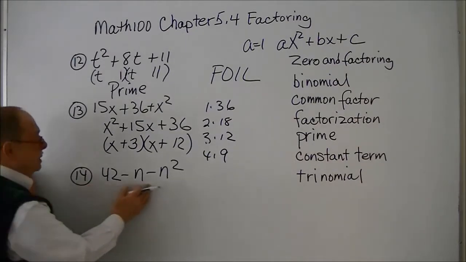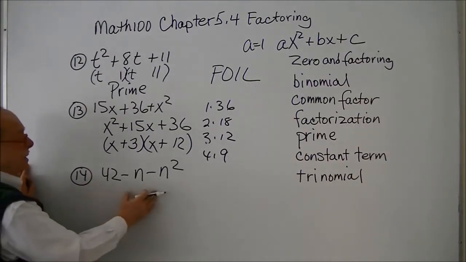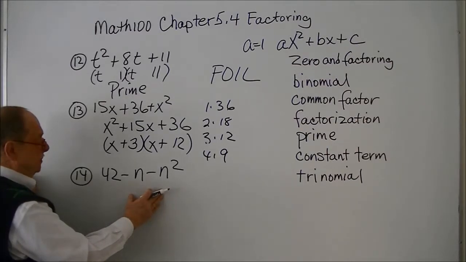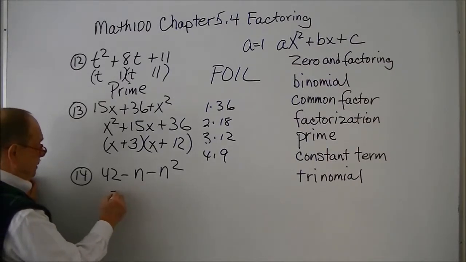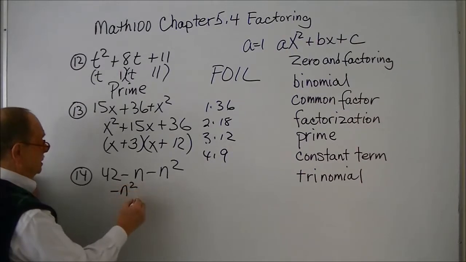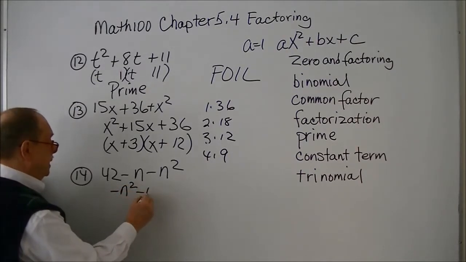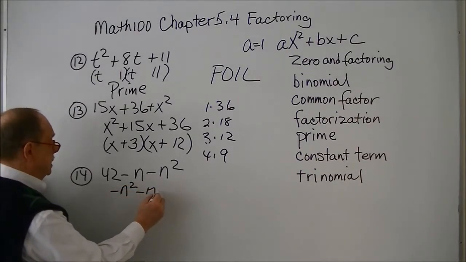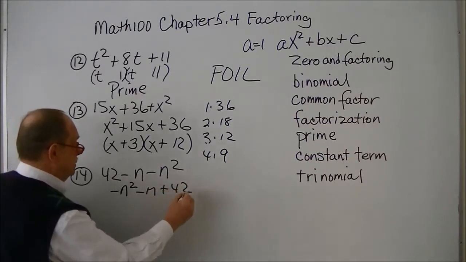All right, now as we look at number 14, it's not in standard form. So let's do so. Negative n squared, negative n, and a positive 42.